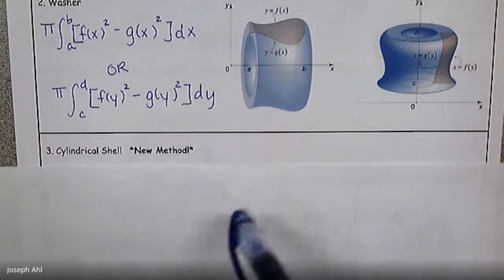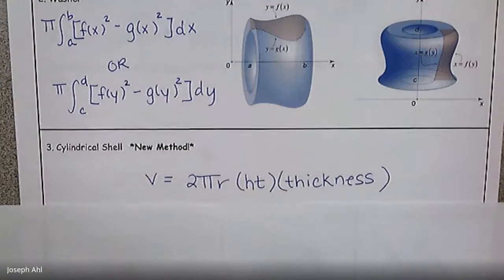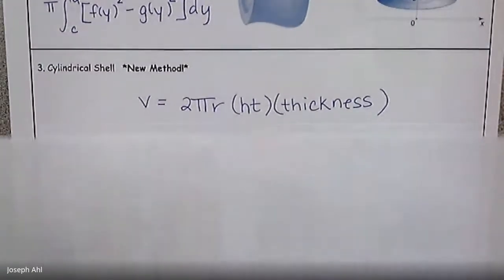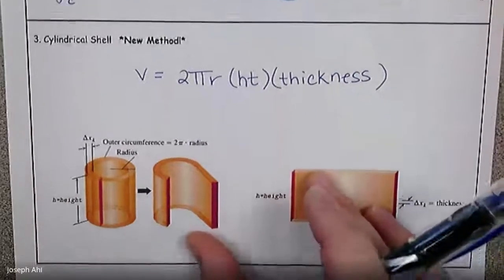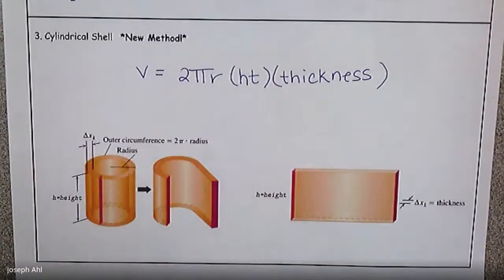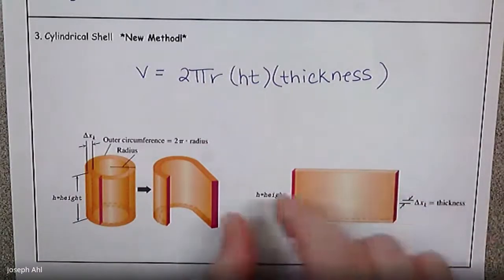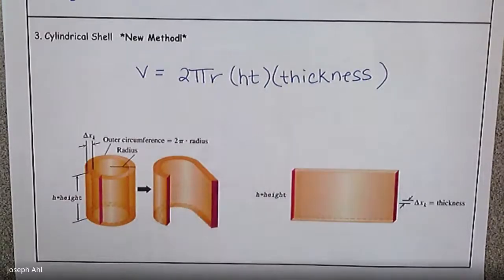So 2 pi r, and then times the height of the cylinder, that's going to give you the total surface area. So here's what I have for volume. Volume is going to be 2 pi r times the height times the thickness. This 2 pi r h covers the outside of the cylinder; that's your concept of surface area. If you then multiply by the thickness of the cylindrical shell that we're using, that's going to give you volume.